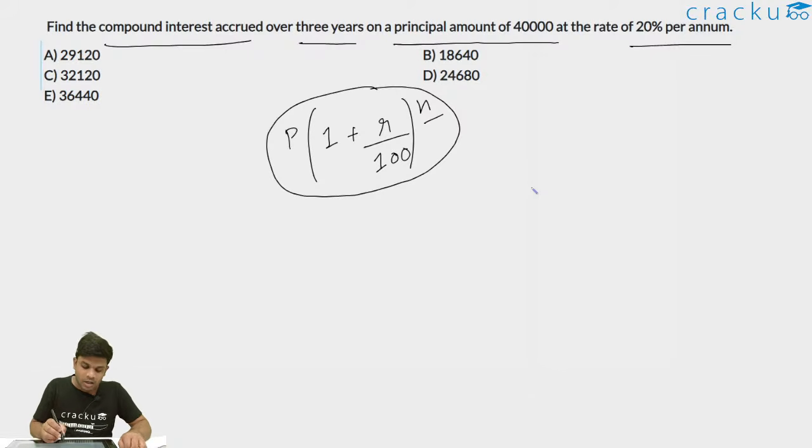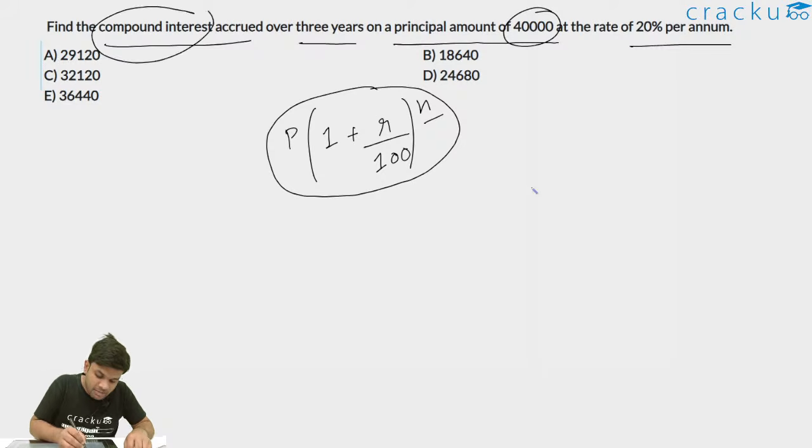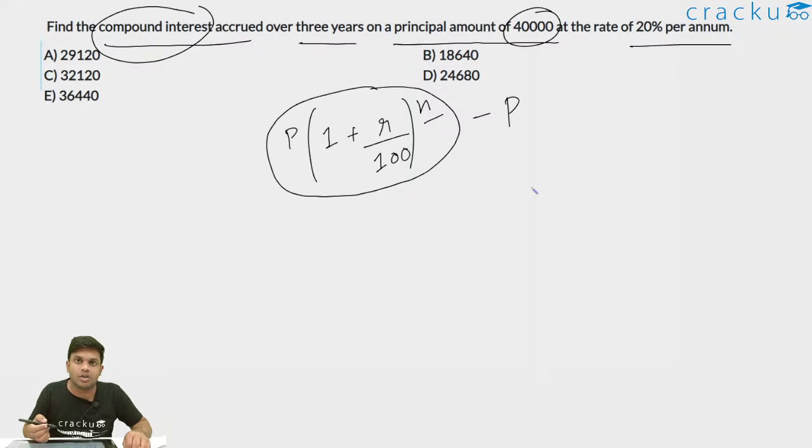Okay. So this is the entire amount, which is the principal amount plus the interest part. So to find the interest part only, we have to subtract the principal from this number. Okay. So that will give us the interest part that has occurred on the investment.